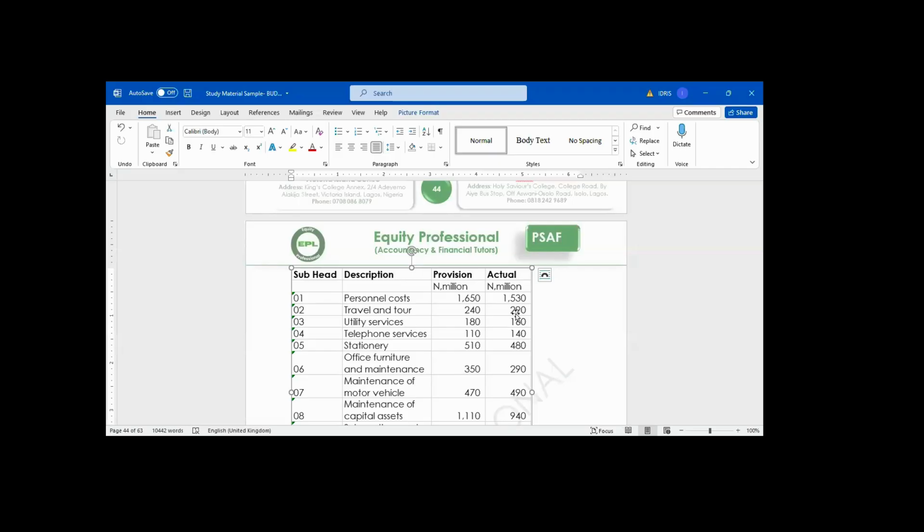If it is going to increase by 20%, 290 times 120%, that means this next year budget is 120% of last year budget.